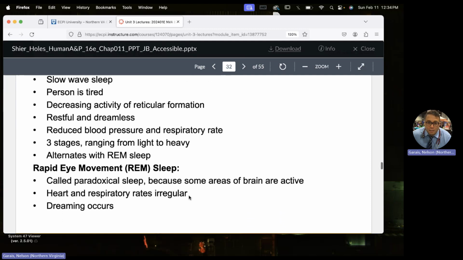So your rapid eye movement is when you're definitely asleep. Your eyeballs are moving underneath your eyelids, but you are gone. You're hypotonic. You don't have a lot of tone in your body, and you go through something called paradoxical sleep. You would think that your brain is also asleep, just like your body, but your brain is very active, and that's why you have dreams, because you start thinking.